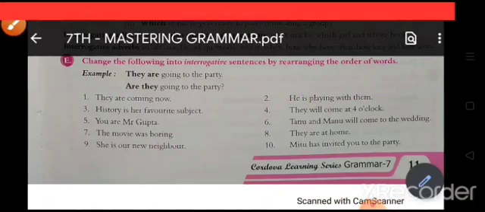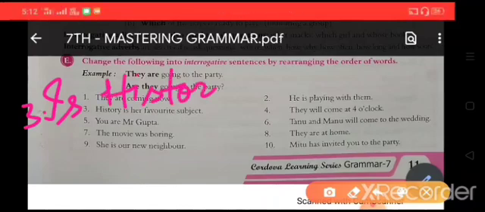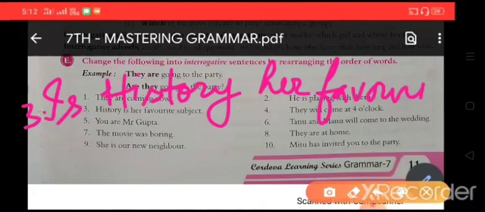Now third: history is her favorite subject. Is history her favorite subject?